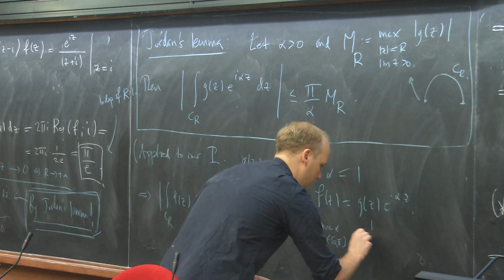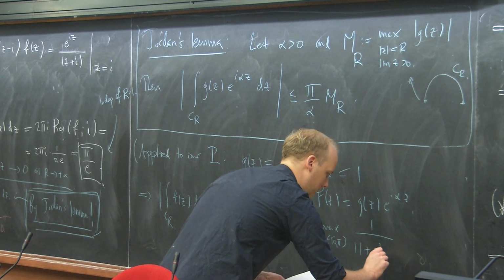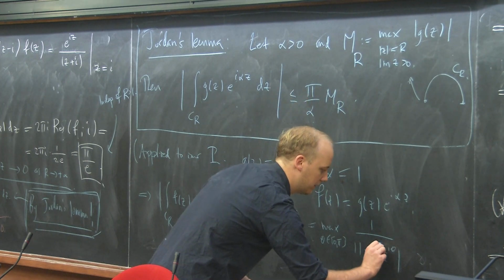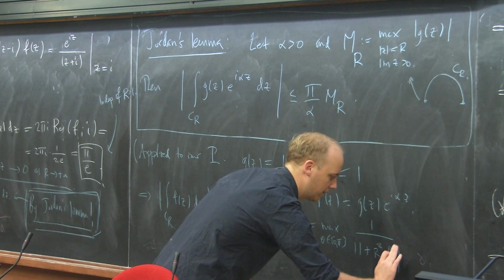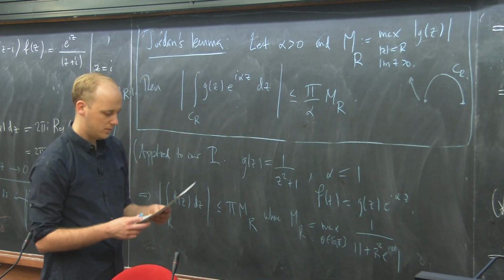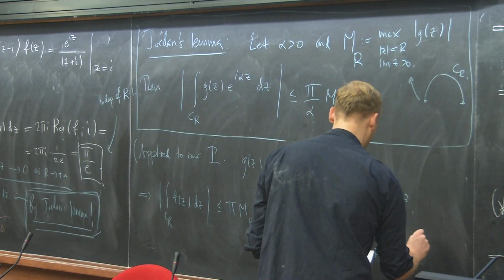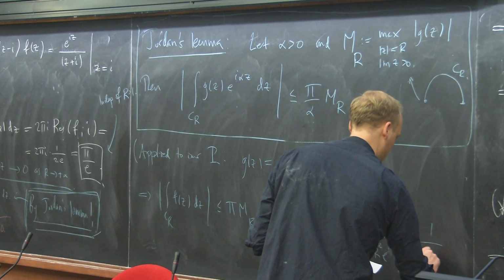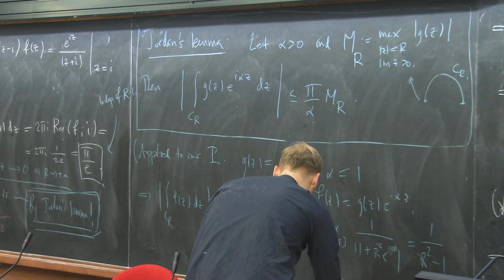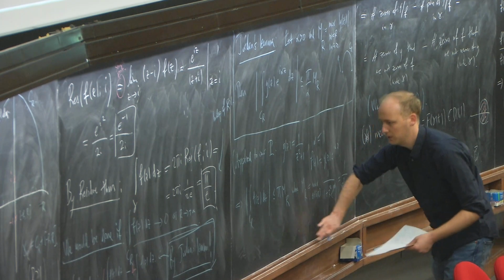of 1 over z squared, but z squared I write now in the exponential form as r squared e to the I times 2 theta. And you can check that it is equal to this, and that this goes to 0, of course.